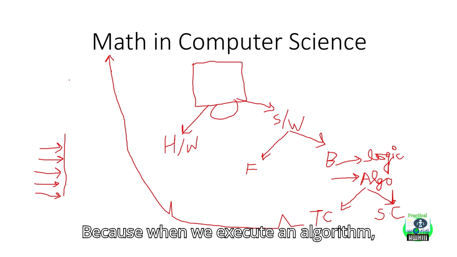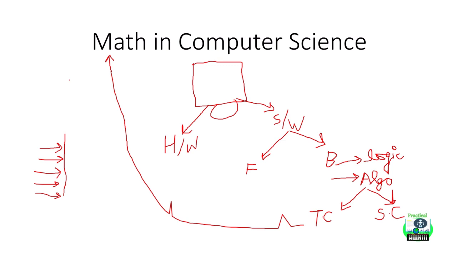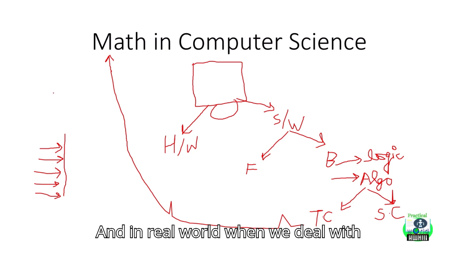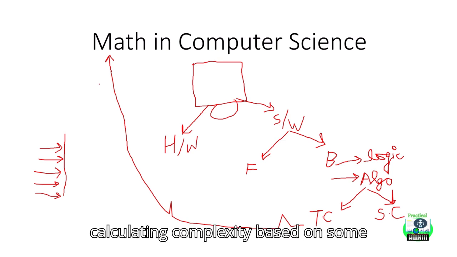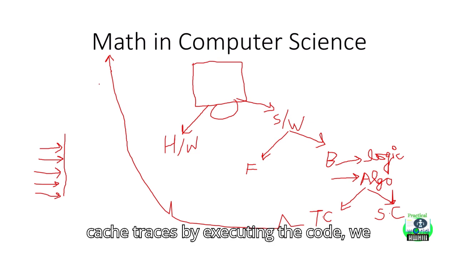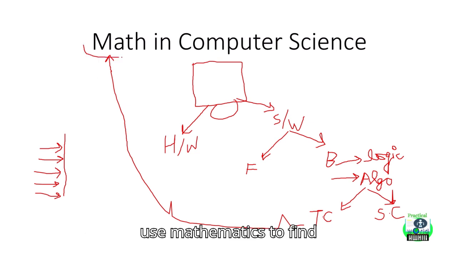When we execute an algorithm, it is executed on some test cases, but in the real world, when we deal with applications, we do not run algorithms on fixed test cases. We deal with runtime dynamic data. So that's why, instead of calculating complexity based on test cases by executing the code, we use mathematics to find the complexity of an algorithm.